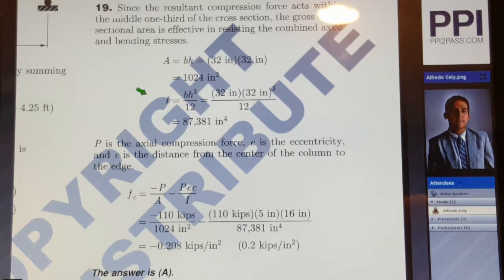Now P equals the axial compression force, e is the eccentricity, and c is the distance from the center of the column to the edge. Now, because the axial compression force is pushing downwards on the column, we're going to consider that as a negative force, just because we're using our notation on the vertical axis that any force pointing in the upward direction is positive, and any force pointing in the downward direction is negative.